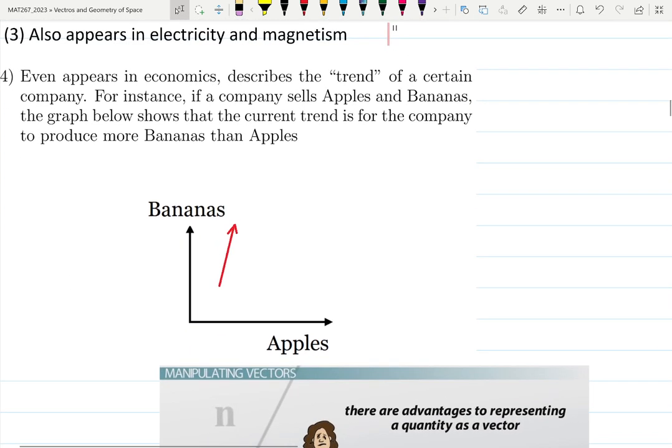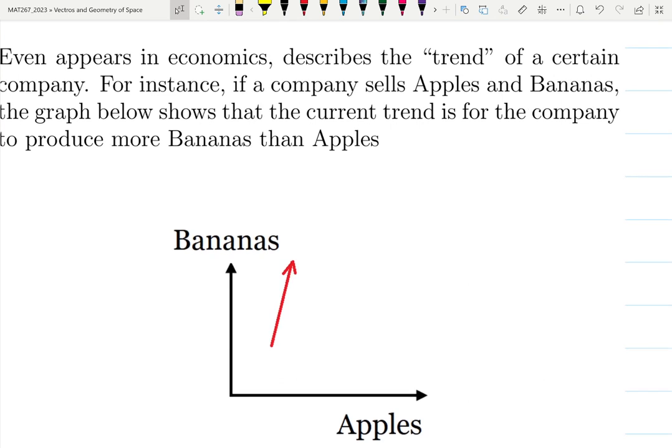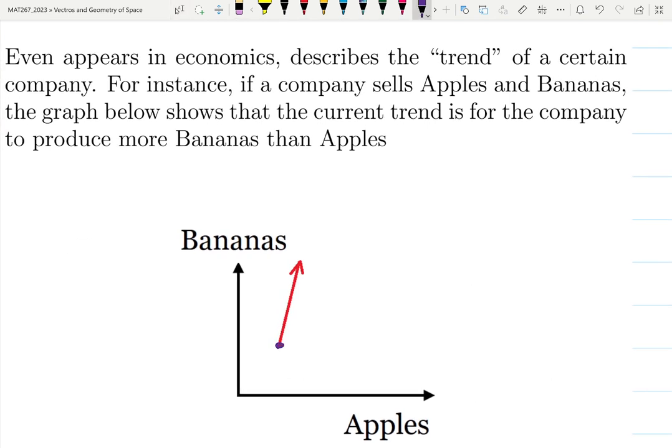It appears in economics as well. If you want to see the trend of the company, here's the trend of the company. This is a vector, no explanation. Can you understand what it means? This is the beginning, this is the end, right? Apples on the x-axis, bananas on the y-axis. Seems like we sold more bananas than apples.